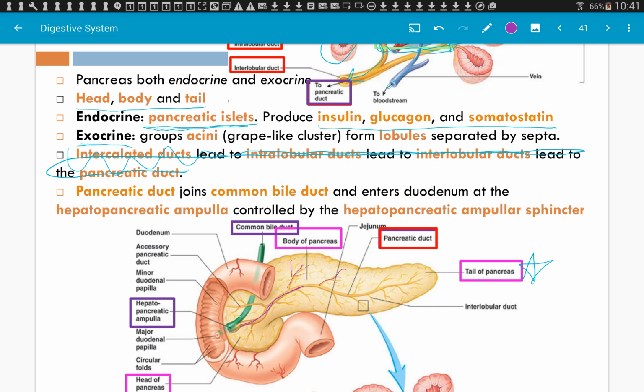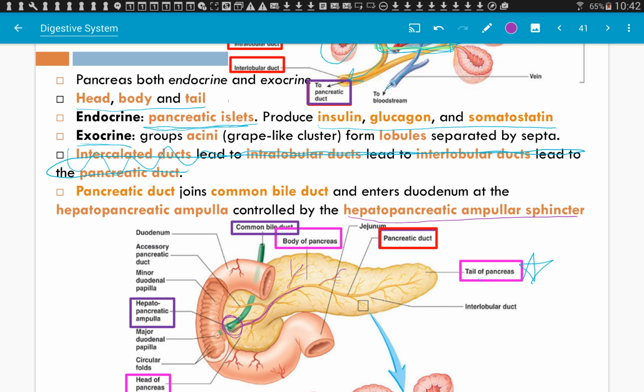They all come together at the pancreatic duct, and they join with the common bile duct, and right there at the hepatopancreatic ampulla. Okay, and remember, please, that the bile and the pancreatic digestive enzymes cannot enter the duodenum unless the hepatopancreatic ampulla sphincter allows it to. So there is a sphincter that controls the release of the bile and the enzymes.